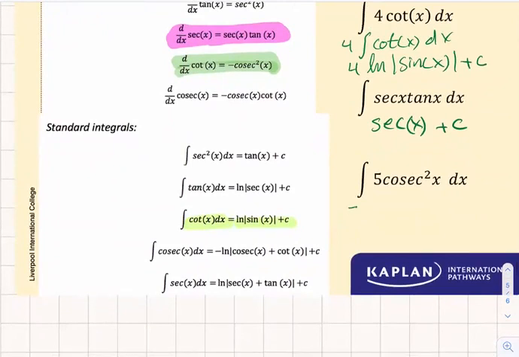We can write it down as 5 times the integral for cosecant squared x dx. And from the derivative standard, the derivative of cot is minus cosecant squared. Therefore, the integral of cosecant squared will be minus cot x. So it's minus 5 cot x plus c. Okay?